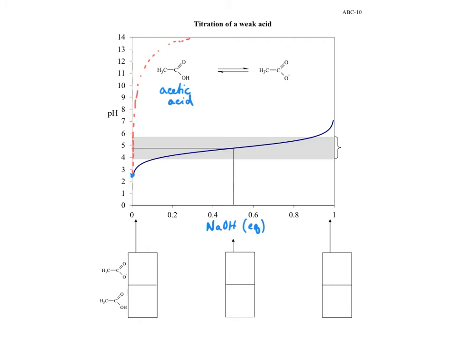Now, let's consider what the acetic acid and acetate concentrations are at the beginning. Remember, acetate is the conjugate base over here. As it turns out, like we said, acetic acid is a weak acid, and that means almost all of it, let's just say approximately 100% of it, is going to be in the acidic form, and approximately none of it, or 0%, is going to be in the base form at the beginning.